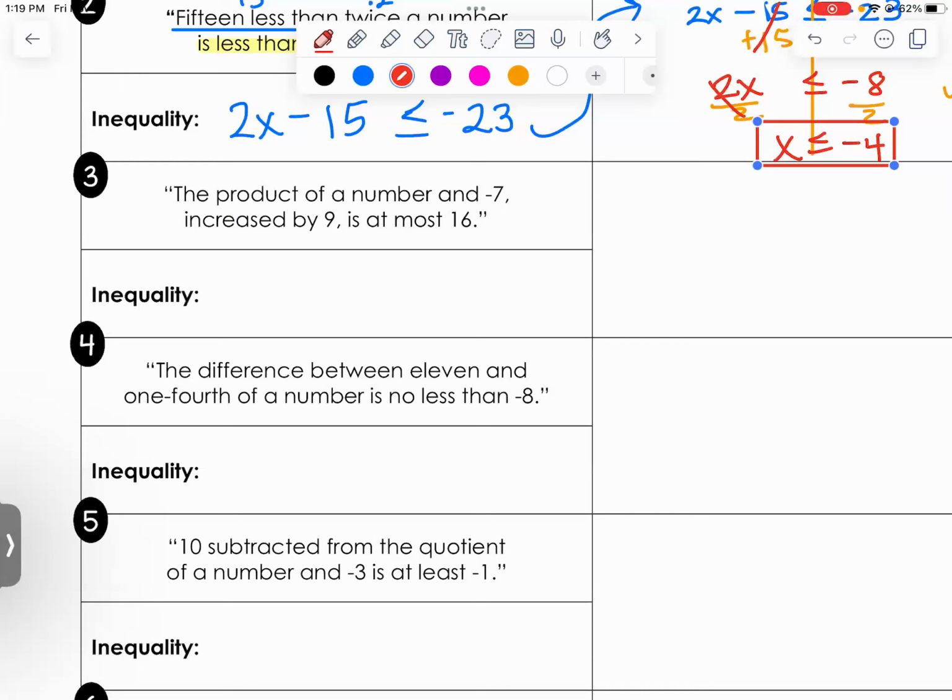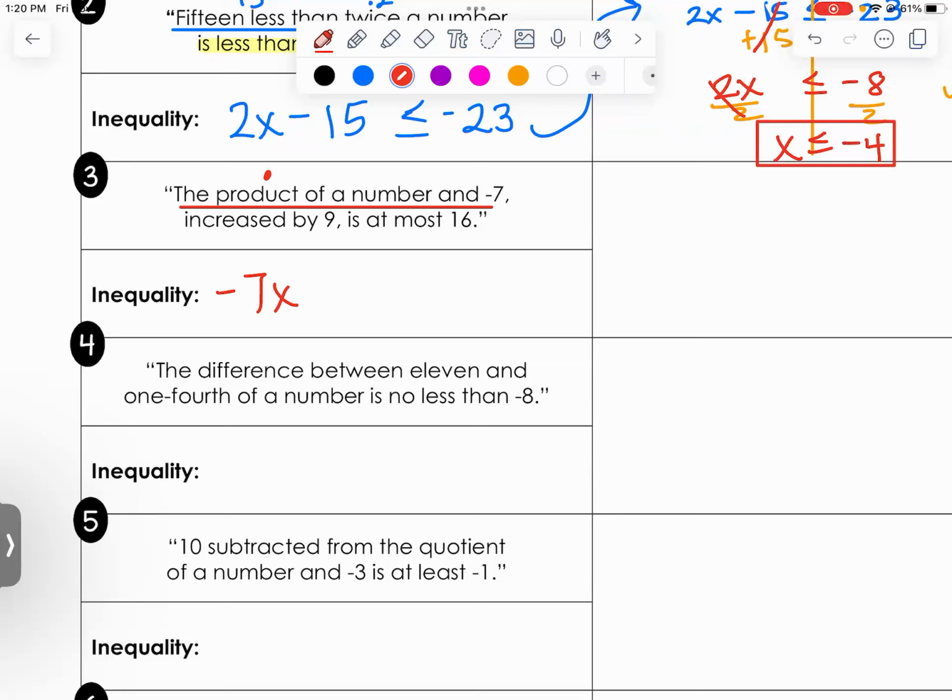So that's the first sentence: the product of a number and negative 7, increased by 9, is at most. Tatum, what does product mean? So negative 7 and a number are being multiplied.